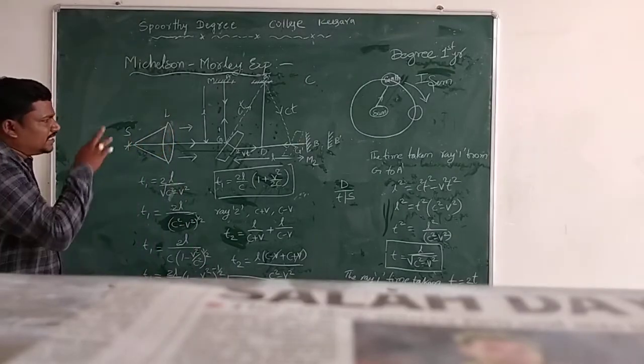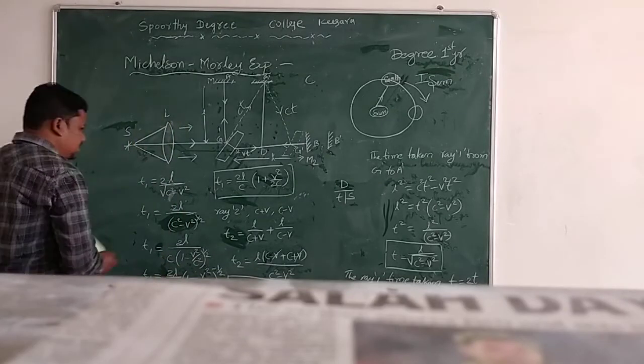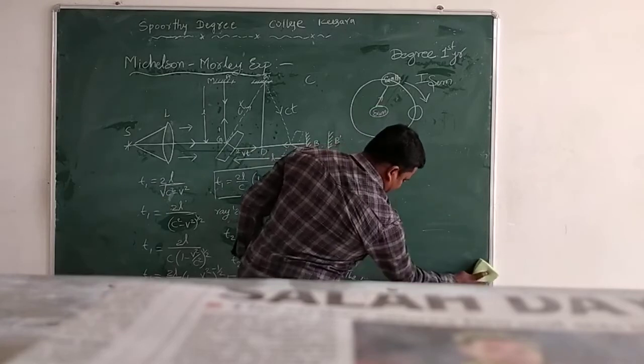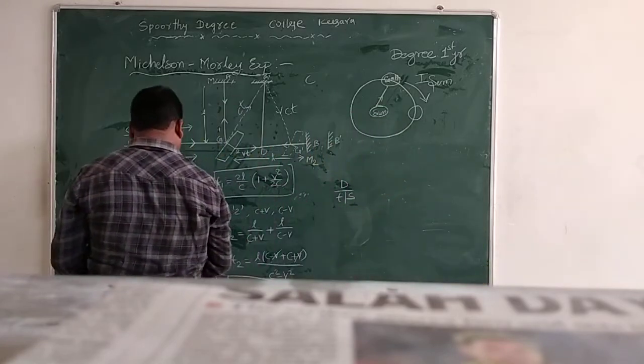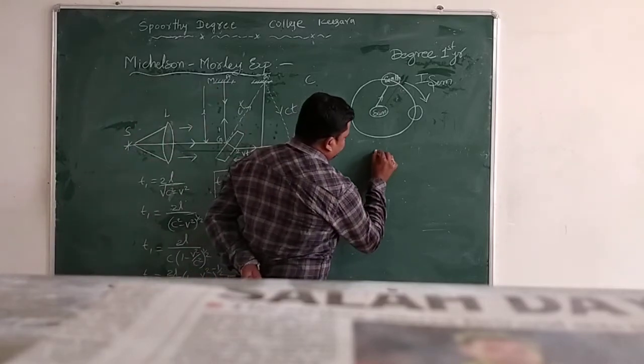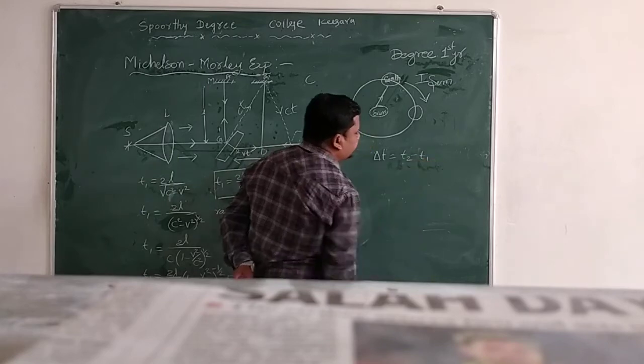Then the total time, delta T equal to T2 minus T1.